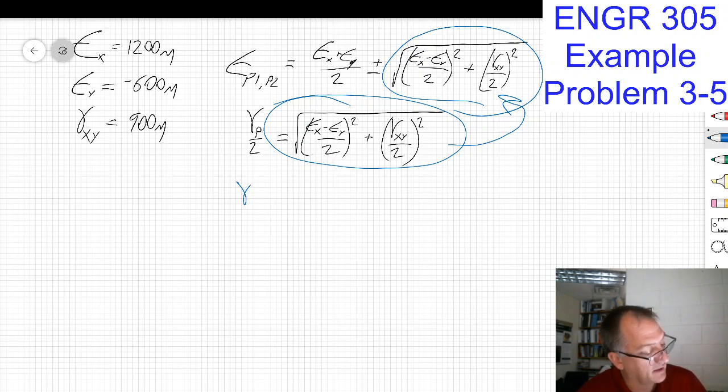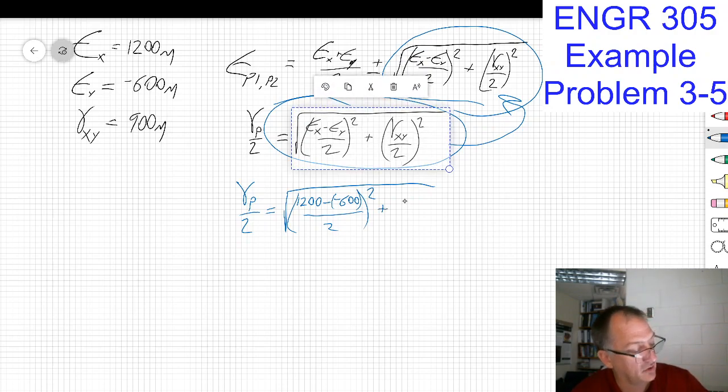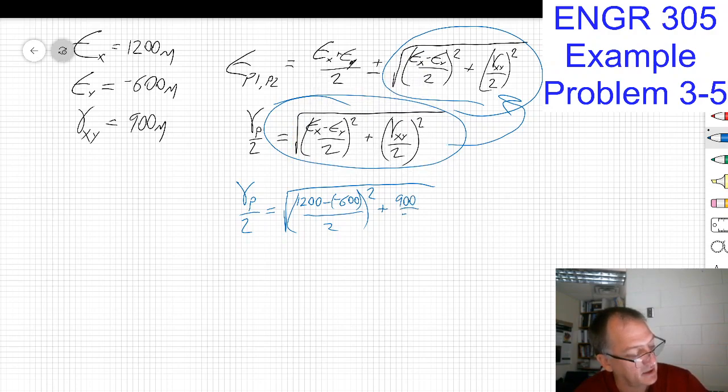So gamma principal over 2 is equal to the square root of epsilon x minus epsilon y, so that's 1200 minus negative 600 over 2, that quantity squared, plus the shear strain over 2, which I'll write as 900 over 2 squared.